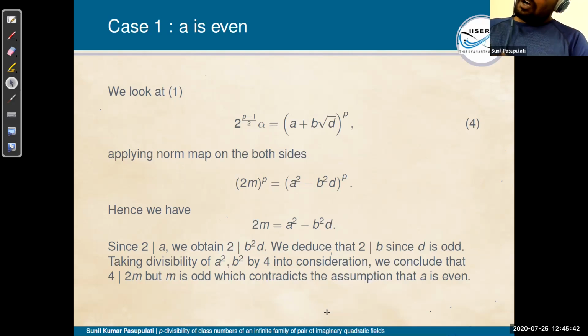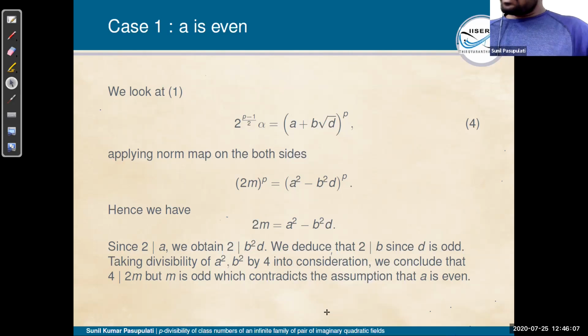If A is even, then substituting this, looking at equation 1, and applying norms on both sides, I'll have 2 m to the power p is equal to (A squared minus B squared D) whole power. Since A is even, 2 divides A and 2 divides 2m, so 2 divides B squared D as well.